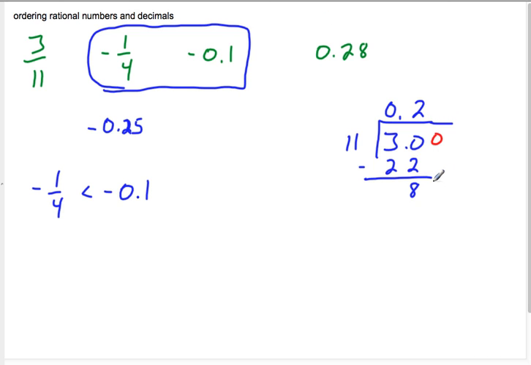So we need to add a 0. So 11 goes into 80 7 times, and that's enough to give us the answer. We don't actually have to follow through if we already know which one's bigger. So obviously 0.28 is bigger than 0.27, so we're good to go. So we could say 3/11 and 0.28.